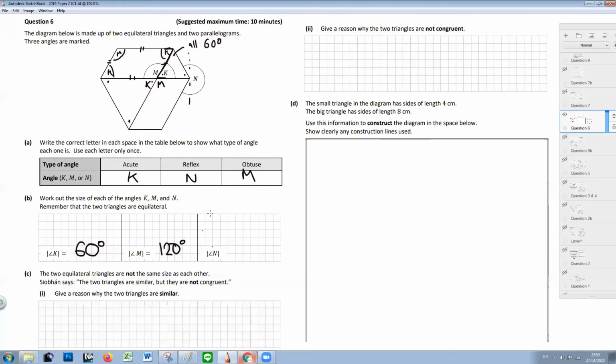And then N. So this angle is 60. Remember that if we're in a parallelogram, this is going to be 120, but this is M. This is the same angle. Now, when I was doing the Z, I did this.